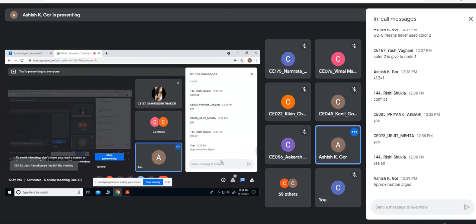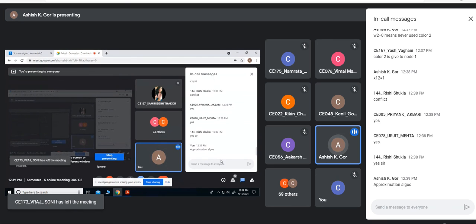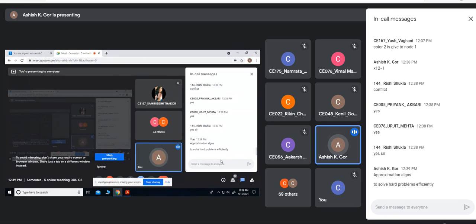To solve hard problems efficiently, we need something called approximation algorithms. We'll see various hard problems and their solutions, and we will prove that these approximations are actually good. So pay attention in this session, otherwise the proofs will not be clear.